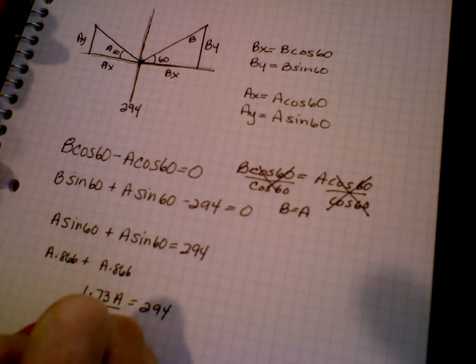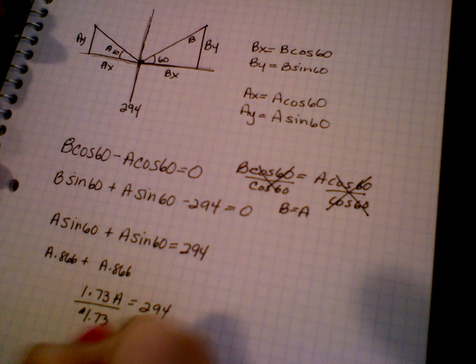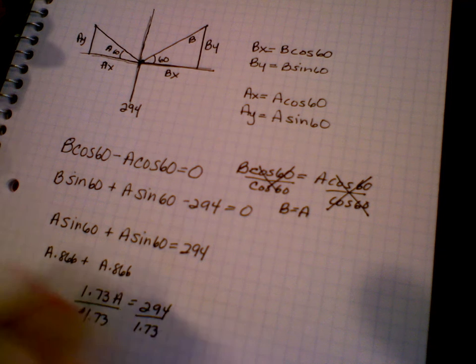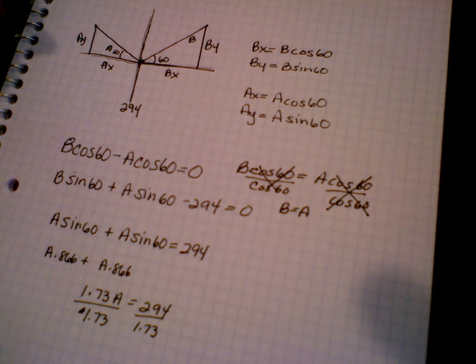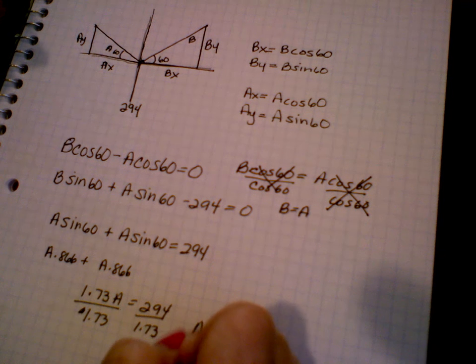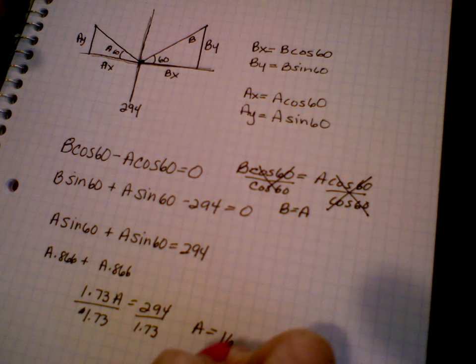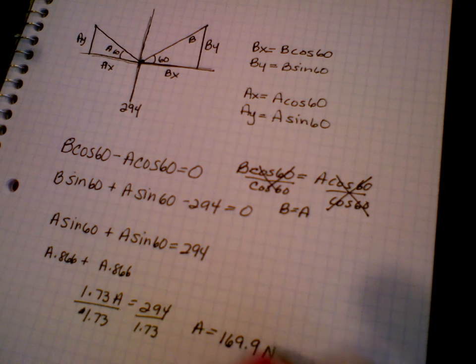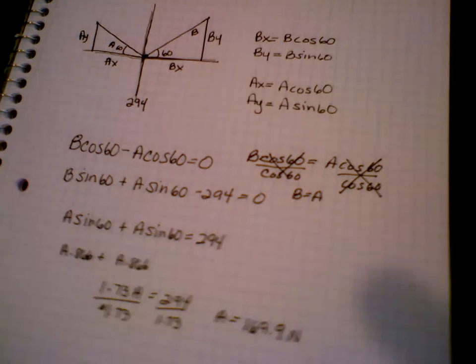Divide through by 1.73. A is equal to 169.9 newtons. And we actually know that B is going to be the same because remember A is equal to B.